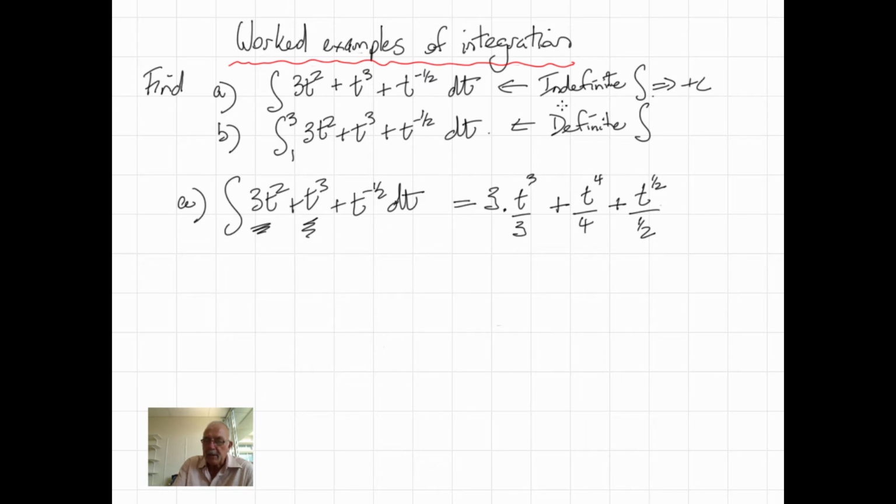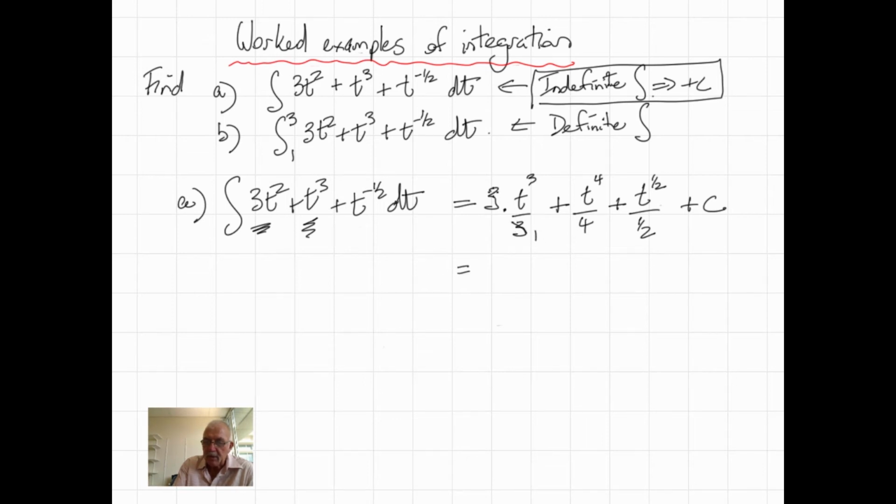Now, we've already said that when we get the indefinite integral, we've just got to put plus c at the end, because when you differentiate this, you would still get that. Okay, so let's tidy this up a little bit.